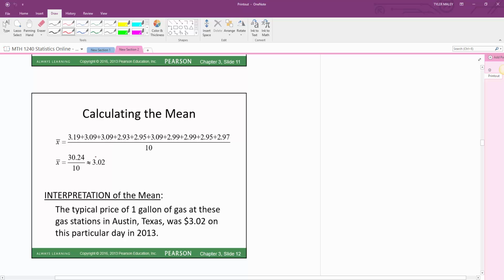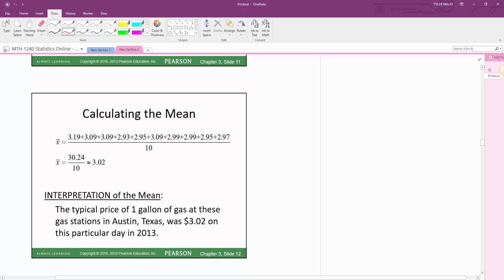One thing we can do is find the mean. I started writing this out by hand, but this is all typed out for you. We take 3.19 plus 3.09, add up all the data values together, and then divide by 10. In doing so, we get approximately 3.02, if we round to the nearest hundredth, 2 decimal places.